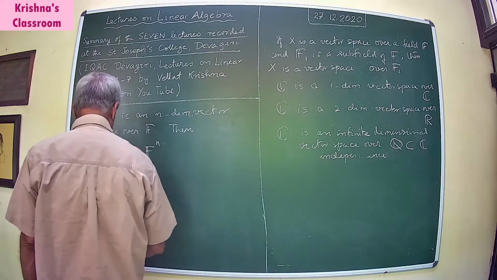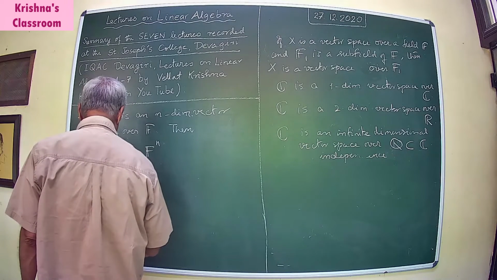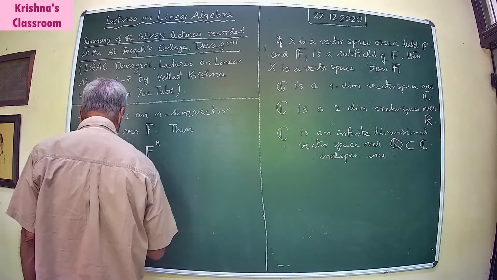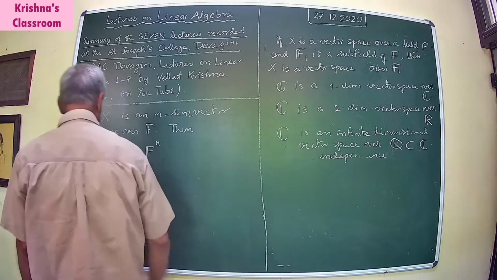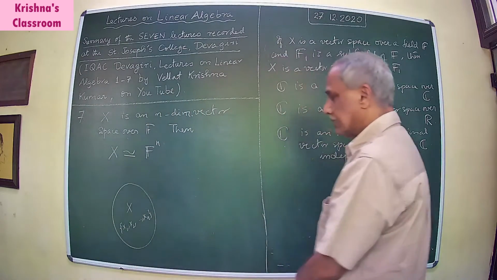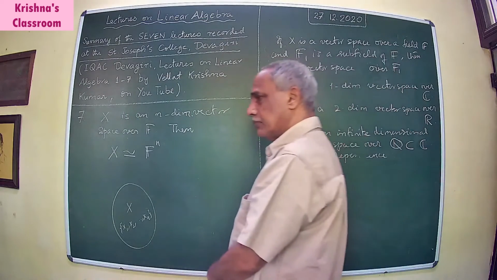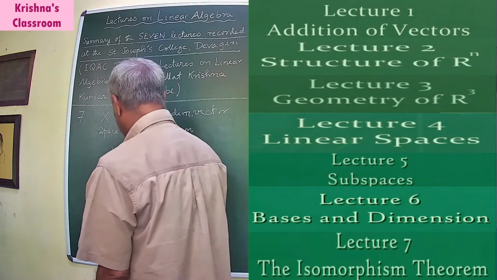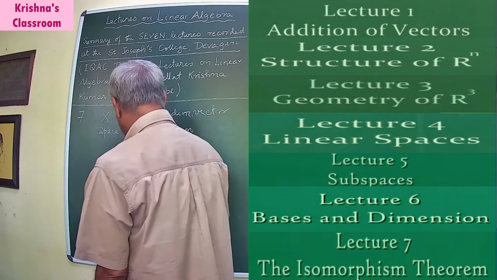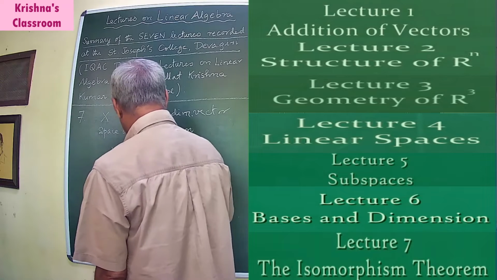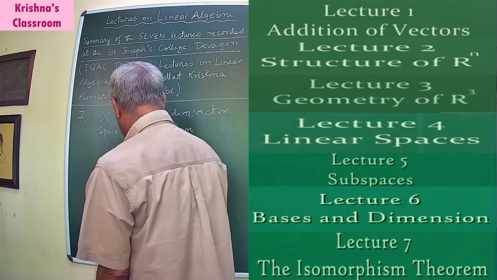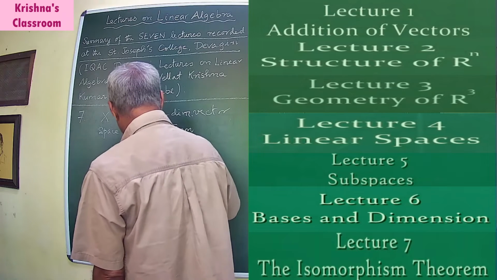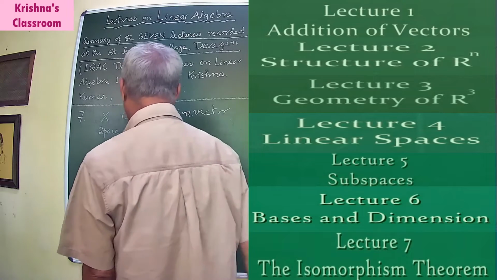Suppose X is given. Choose a basis, an ordered basis, x1, x2, ..., xn. Now since this is a basis, every vector x can be written as a linear combination of these.